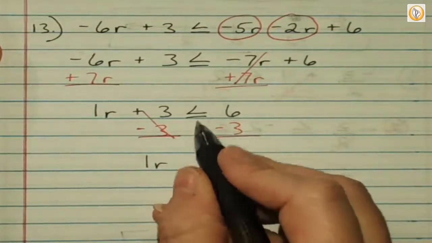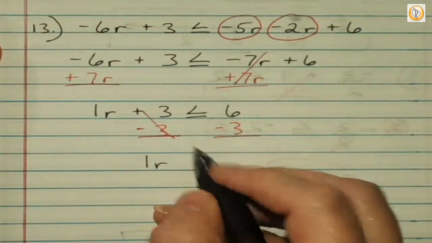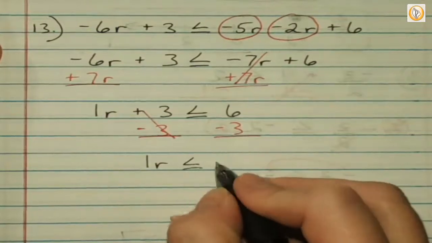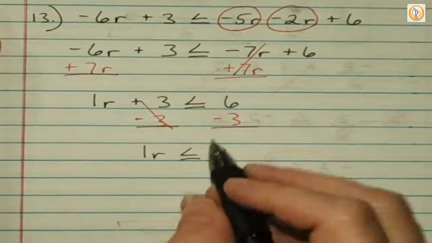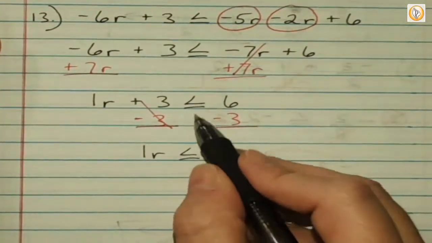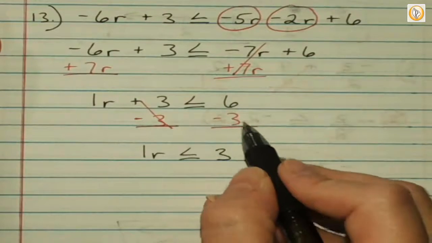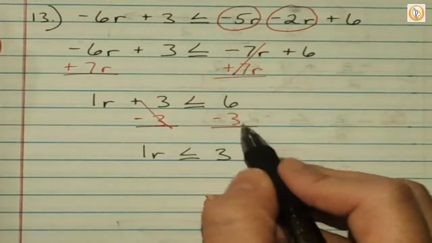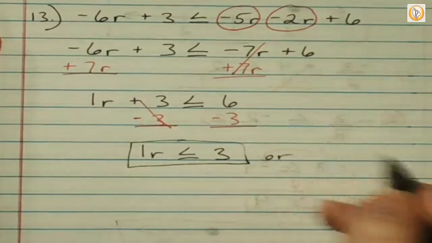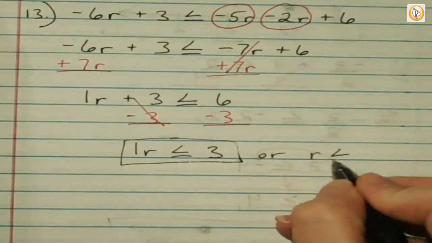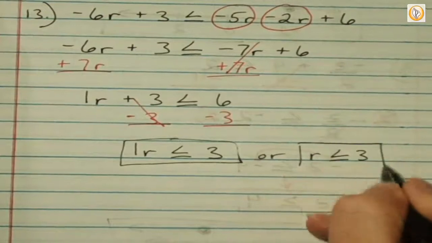Did you flip this? No. Wait. Less than or equal to. Yes. We don't flip it because all we're doing is subtracting and adding, okay? And you can also write it as r is less than or equal to 3.